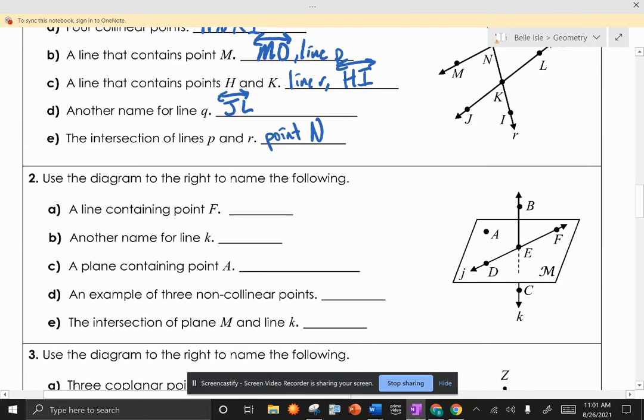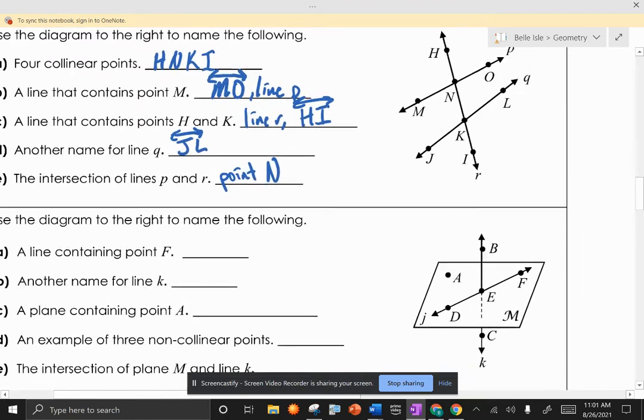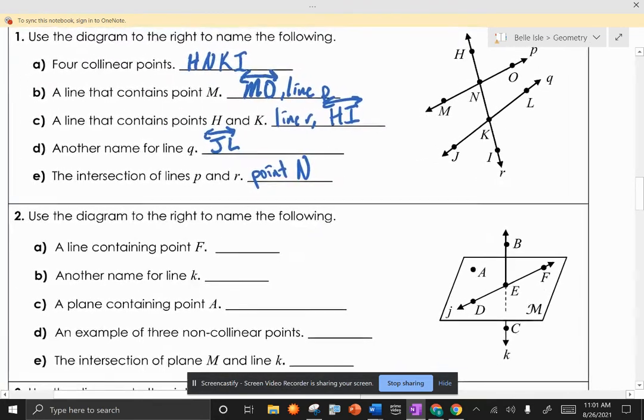Okay, so let's look at two. I would like for you to go through and do all of two on your own.